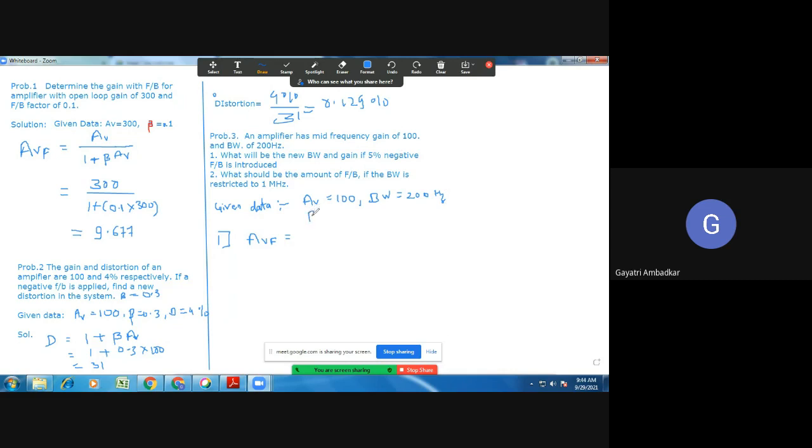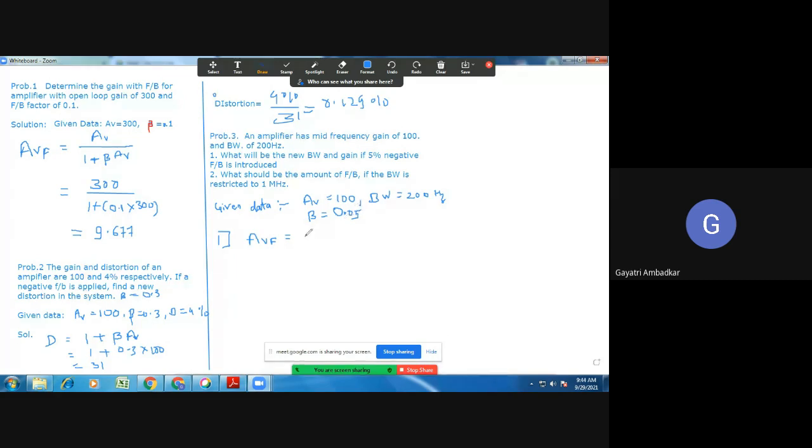Beta will be 0.05. Understood? 5% feedback means 5% of output you are connecting back to the input. It means feedback factor is 0.05.